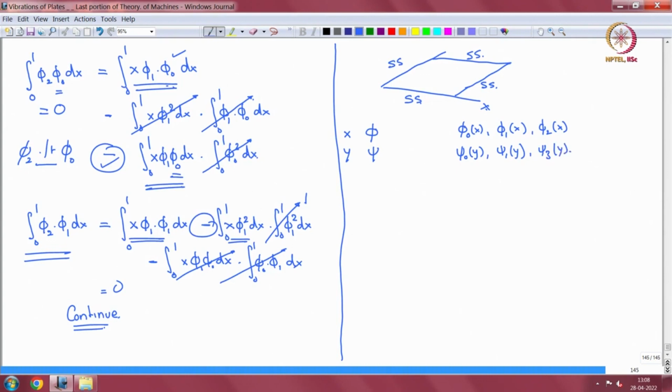Now, what do I do? I have to represent the displacement of the plate in the xy directions.